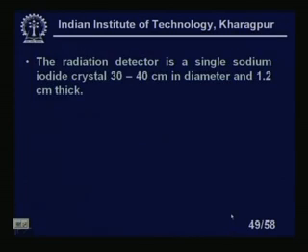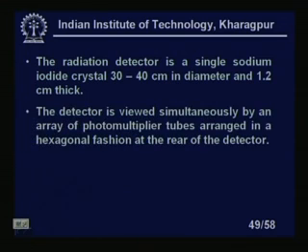The radiation detector is a single sodium iodide crystal, 30 to 40 centimeters in diameter and 1.2 centimeters thick. That is quite large. The detector is viewed simultaneously by an array of photomultiplier tubes arranged in hexagonal fashion at the rear of the detector, as shown in the figure.